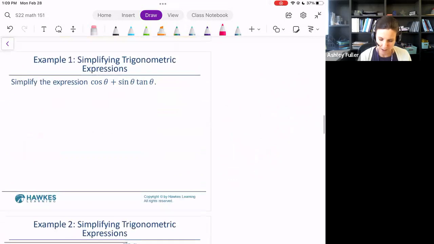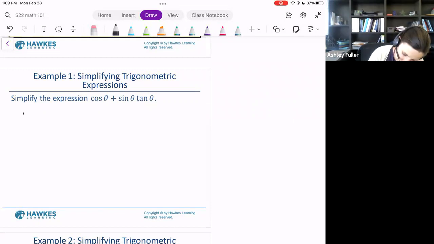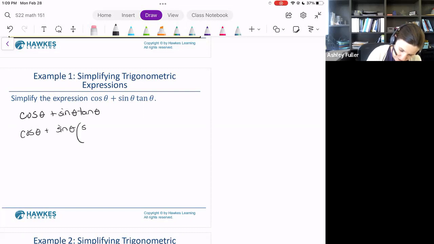Well, first off here, one of the recommendations I make is always try to get things in terms of sines and cosines. So for example, if we have the cosine of theta plus sine of theta tan of theta, and we just want to simplify that, if we rewrite tangent of theta in that relationship of sine and cosine, notice then this becomes cosine of theta plus sine squared over cosine theta.